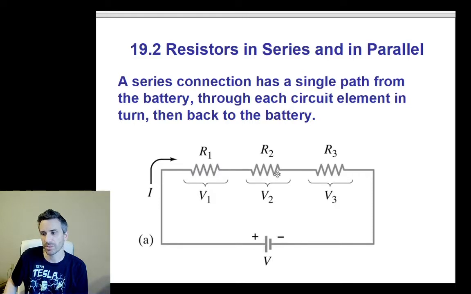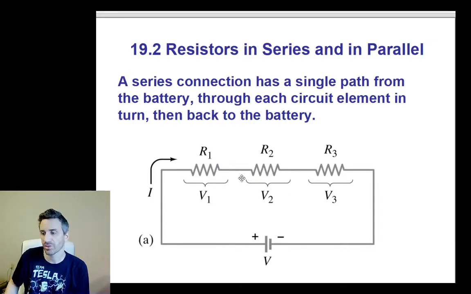Let's say that all resistors are the same resistance. It would cause an equal voltage drop across all three resistors. So if we have 12 here, each one would drop 4, right? So it would go from 12 to 8, and then to 4, and then 0. And so the voltage is split between the three resistors.